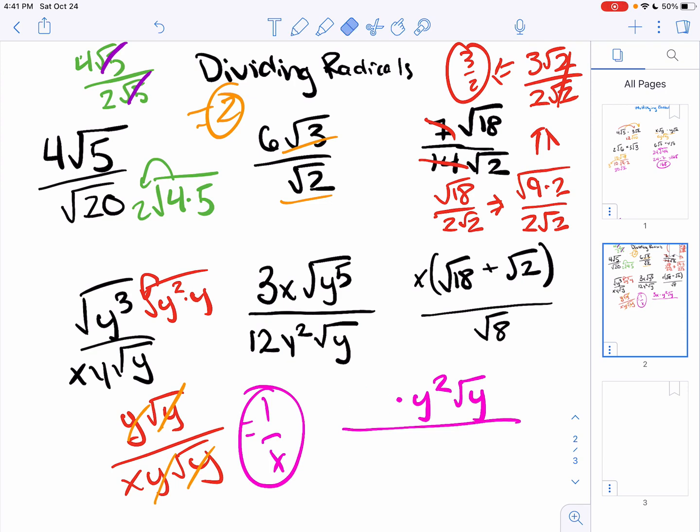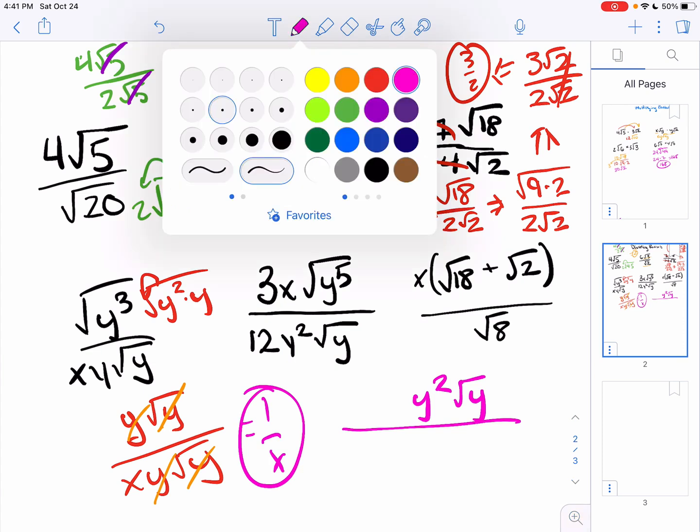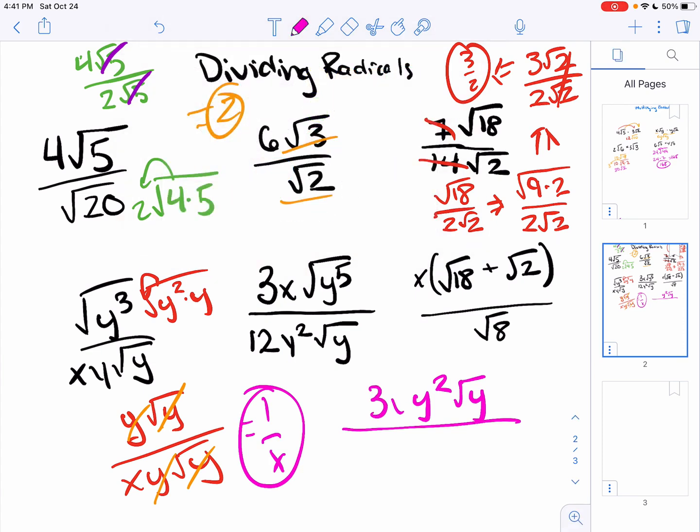I don't need it. So I just have 3x y squared. And on the bottom, I still have my 12, y squared. I actually can't simplify that at all on the bottom because the y inside the radical, that's the best we can get. Can't do anything else.